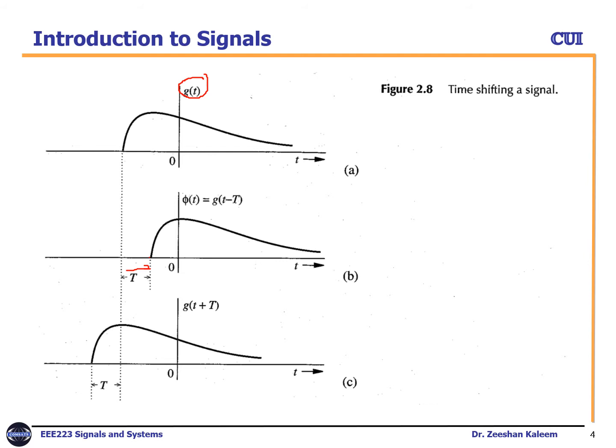It is similar to g(t) but delayed by T seconds. So for advance, if we consider g(t plus T), it will move towards the left side.